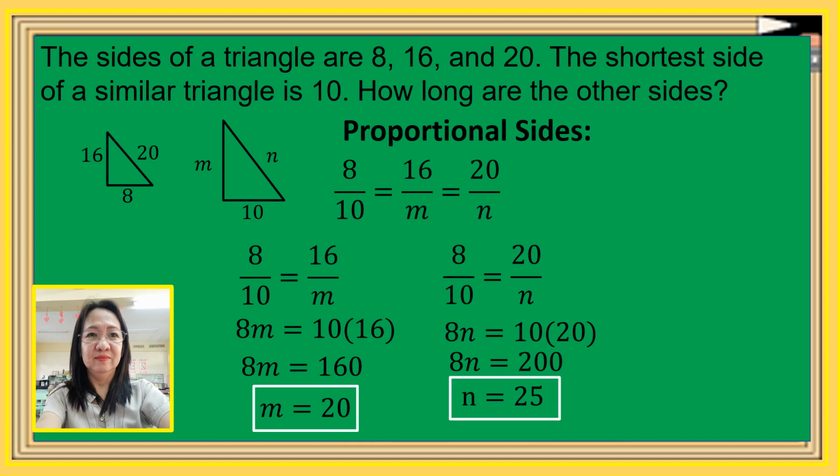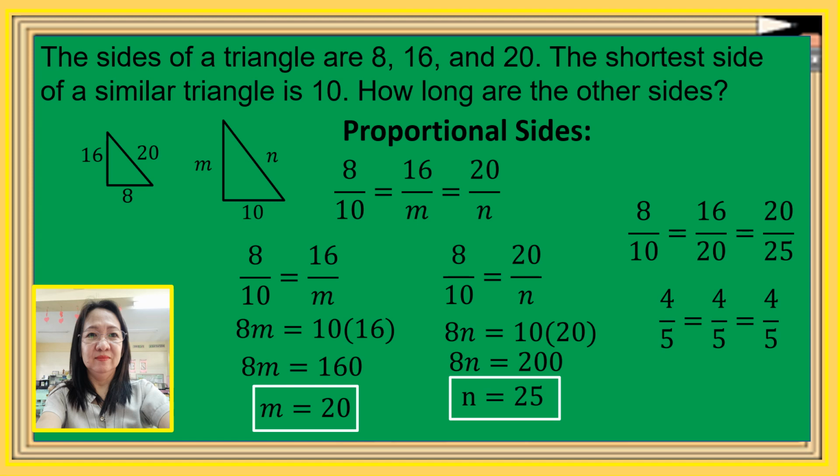Now let us check if the values we obtained are correct. Let us substitute in our proportion. 8:10 is equal to 16 is to 20 is equal to 20 is to 25. By simplifying this, 8:10, by dividing both the numerator and the denominator by 2, we will obtain 4:5.